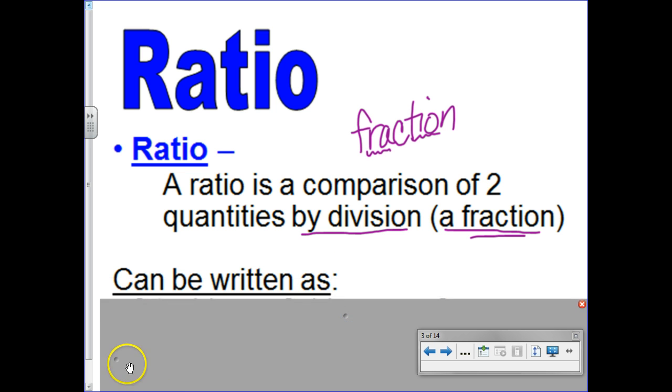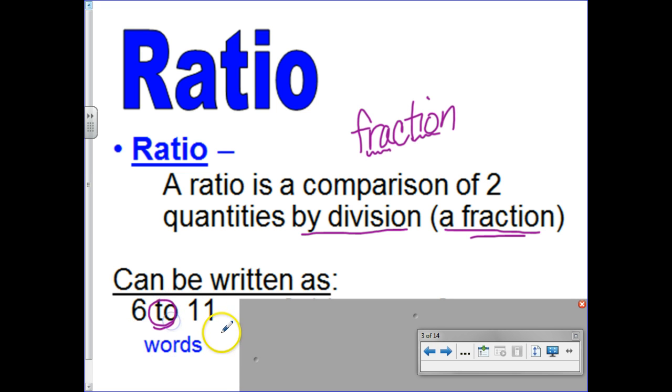For example, sometimes you might see it written in words, and so we will use the word "to": 6 to 11. That's a ratio comparing two quantities. That's one way. Another way you might see it written is using notation with a colon, and we'll read it the same way, 6 to 11.